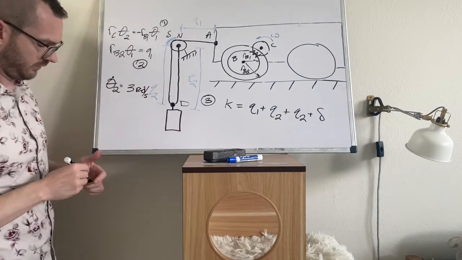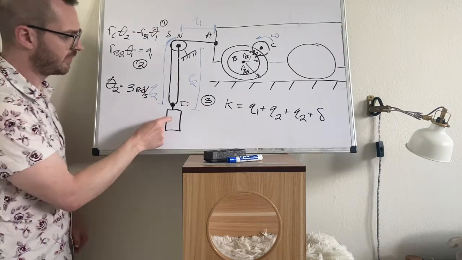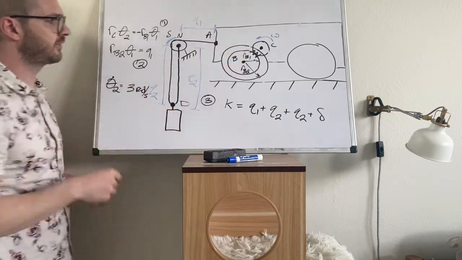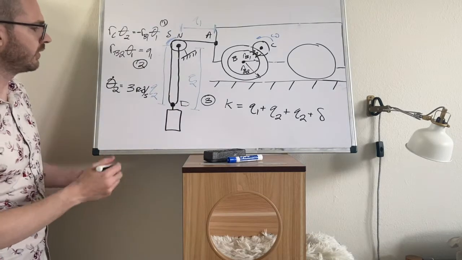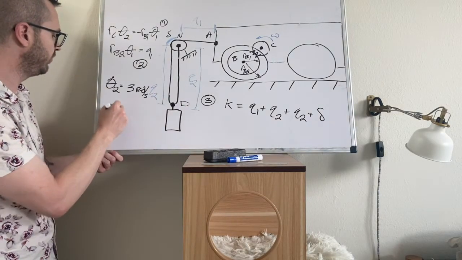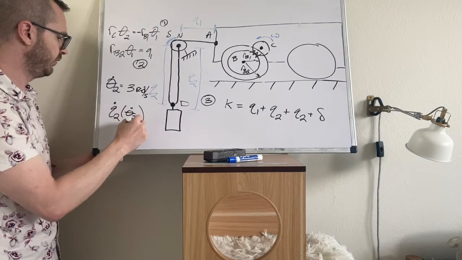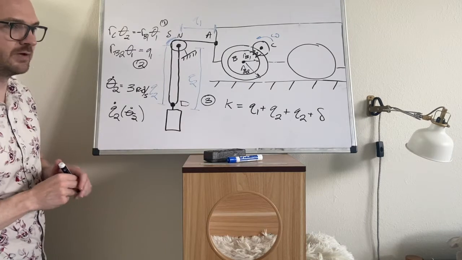Remember, we want the translation of this in terms of the rotation of the disk. So ahead of time, we're looking for Q2 dot as a function of theta 2 dot. That is what we need in order to solve this problem.